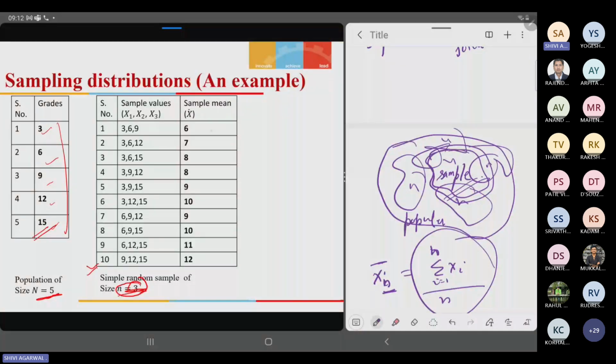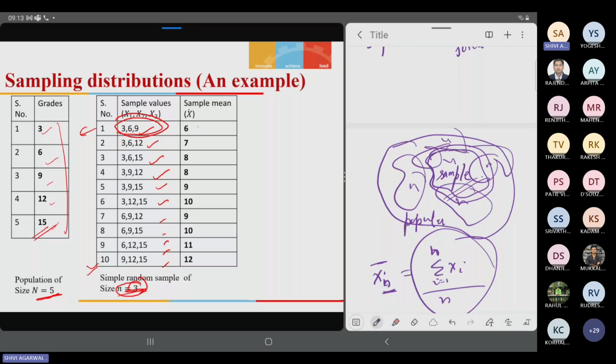So we have 3, 6, 9; 3, 6, 12; 3, 6, 15; 3, 9, 12; 3, 9, 15, and so on. We are trying to find all possible combinations. So this is one sample of size 3 from the population of size capital N equals 5.